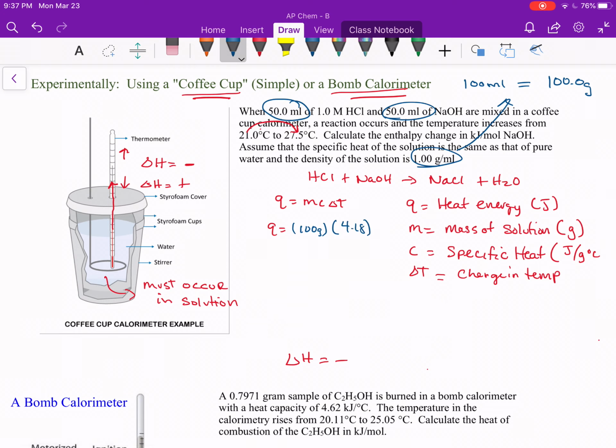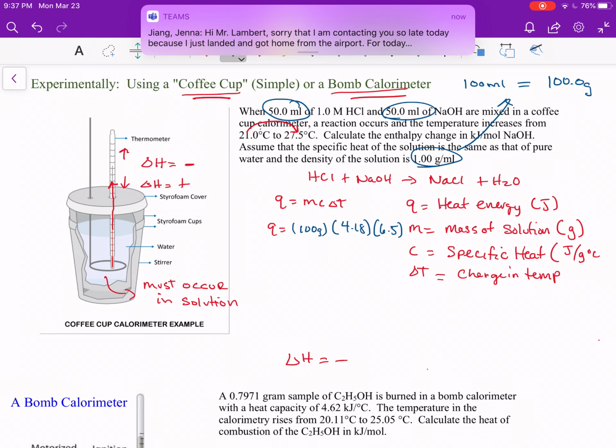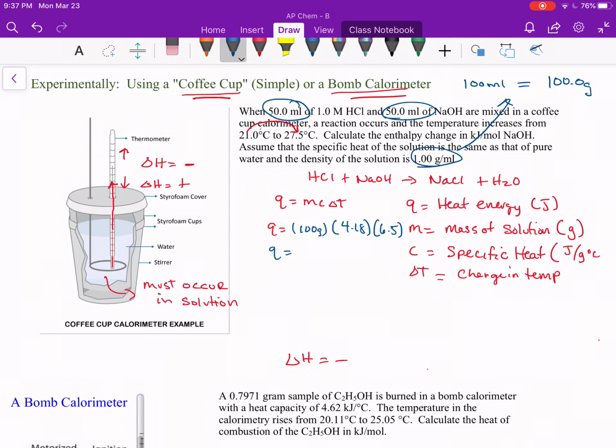And then we have the change in temperature, which in this case is 6.5. Now, in this case, we have Q going to be equal to 2717 joules.